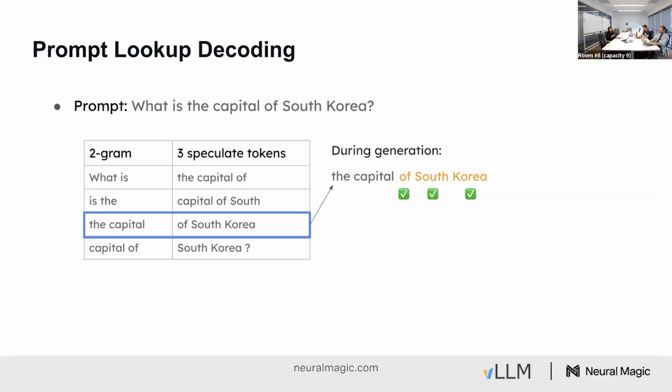When you verify those tokens to know if they are correct, you still need some compute. If the number of speculative tokens is very big, verifying the correctness will be very expensive. So you want to tune it to a good number, because you need some compute to do the verification.